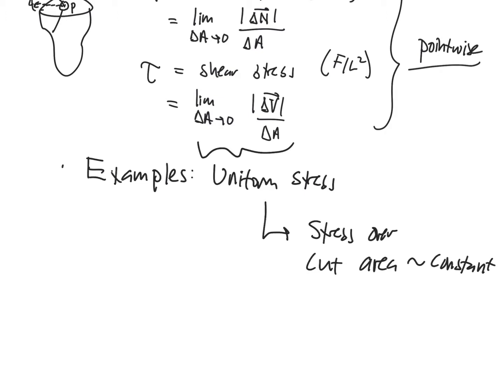And so we don't have to take the limit. So I'll write it like this. Do we have to do the limit? The answer is no, not for certain types of solids that are pretty simple in their appearance and in their loading. So we get away with it. Even though we're introducing it as a limiting concept, and we want to remember that, there are many, many times when we do not have to do that.